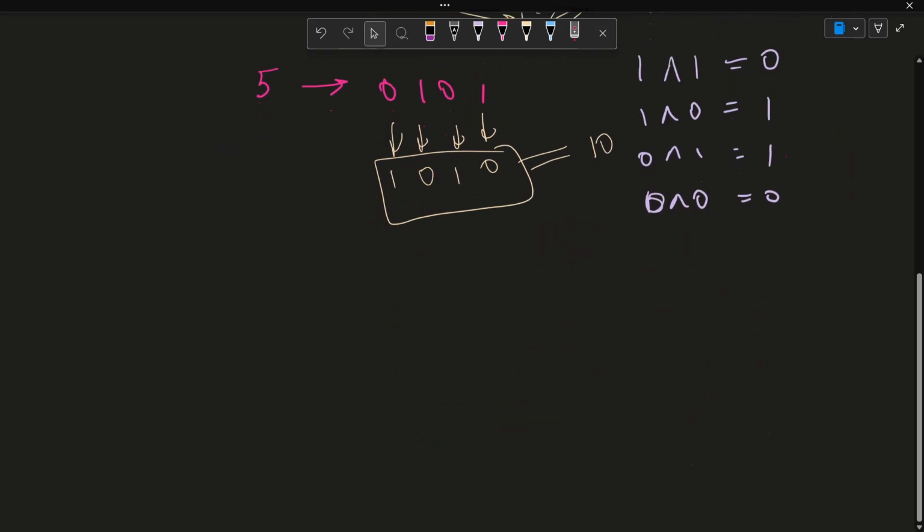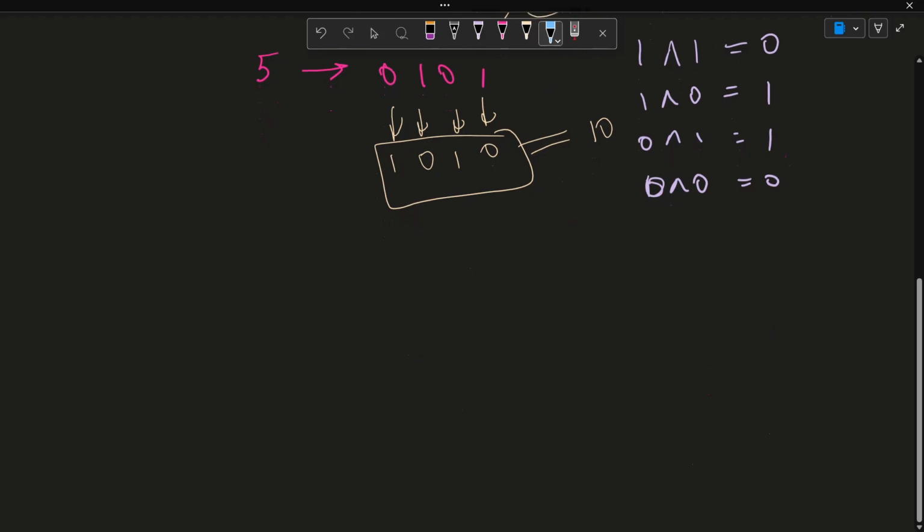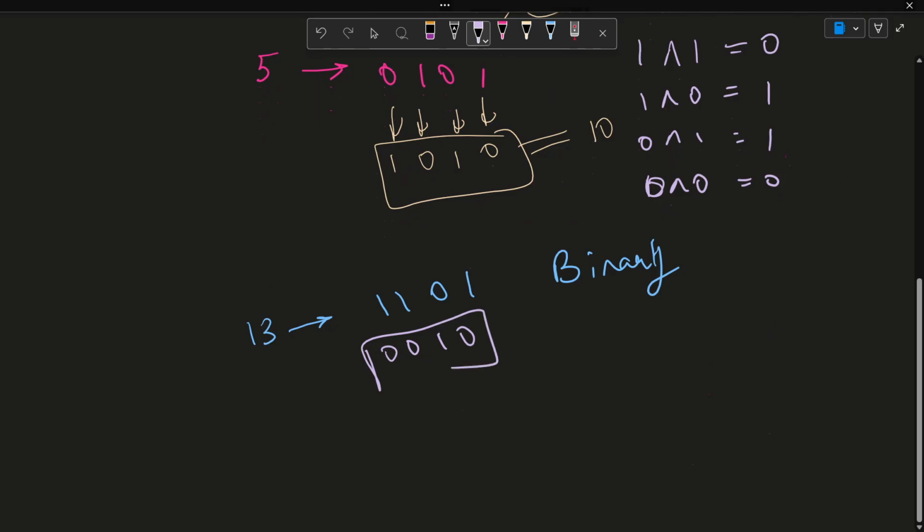Now let's look at a sample test case. Let's say 13. 13 is 1101 in binary. What should the answer be? You take all the bits and flip them, right? So the answer would be 0010, which is again 2, the same answer we got for 5.